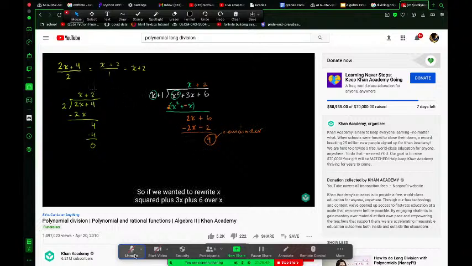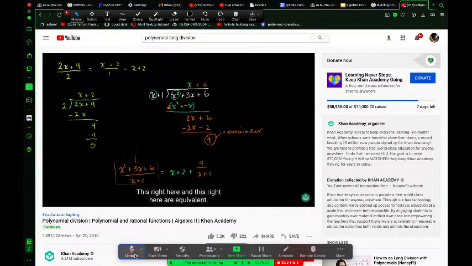So if we wanted to rewrite x squared plus 3x plus 6 over x plus 1, notice this is the same thing: x squared plus 3x plus 6 divided by x plus 1. We can now say that this is equal to x plus 2 plus the remainder divided by x plus 1, plus 4 over x plus 1.